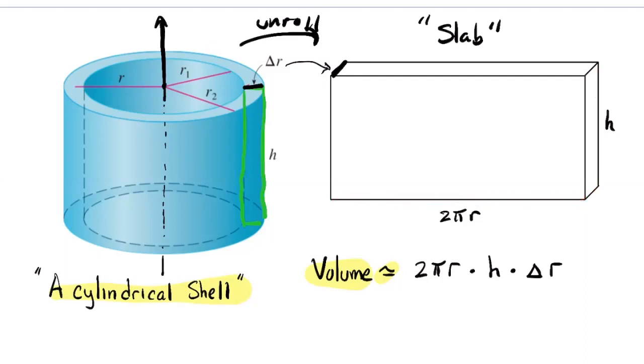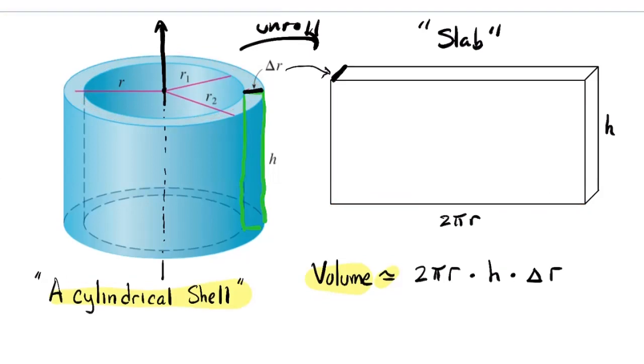Well, the length of the slab would come from the circumference of this circle. And we were using an approximation that the circle has radius r. Well, the circumference of a circle of radius r is 2 pi r. So when you unroll that thing, that's how long this thing would be, approximately, using the average of r1 and r2. So the volume of that thing is approximately 2 pi r times h times delta r.